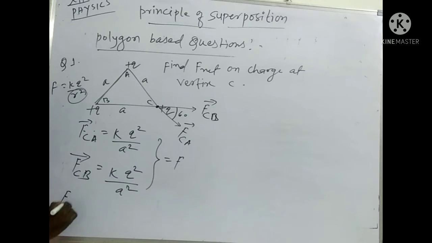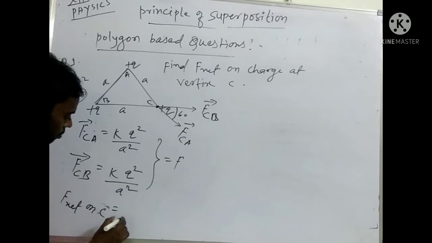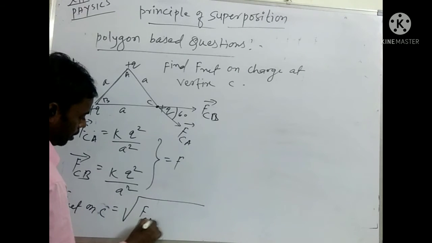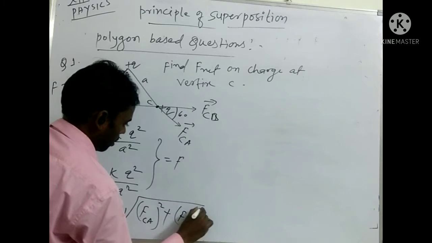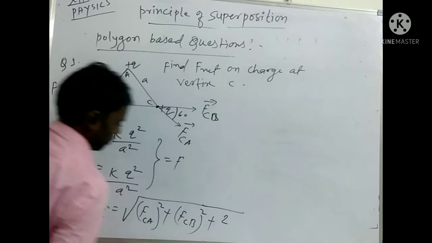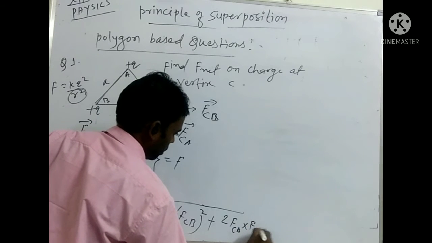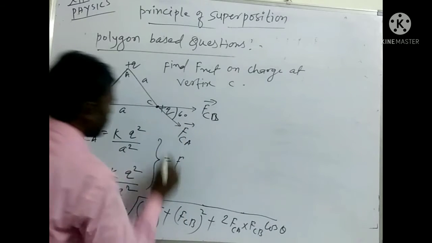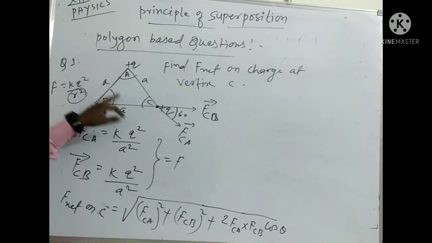Net force on vertex C equals root over force on CA square plus force on CB square plus 2 FCA into FCB into cos theta. Here theta is 60 degrees because it is an equilateral triangle, so it is 60, 60, 60.